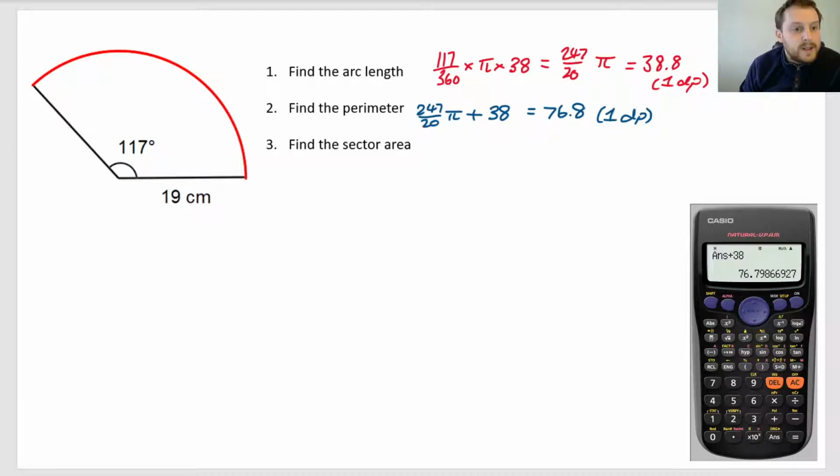Right, and then lastly, this one here is the sector area. Again, it's a fraction of the full area of the circle, 117 out of 360 times by pi times 19 squared. This part here is the pi r squared, which is the area of the original circle.